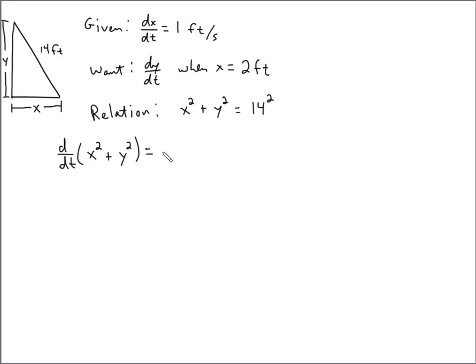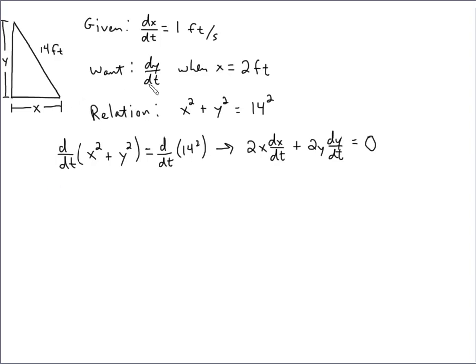For x, we put the 2 in front, we get 2x, lower the power by 1, then multiply by the derivative of x, which is dx/dt. Same thing with y, so we get 2y dy/dt. On the other side, this is a constant, so its derivative is 0.